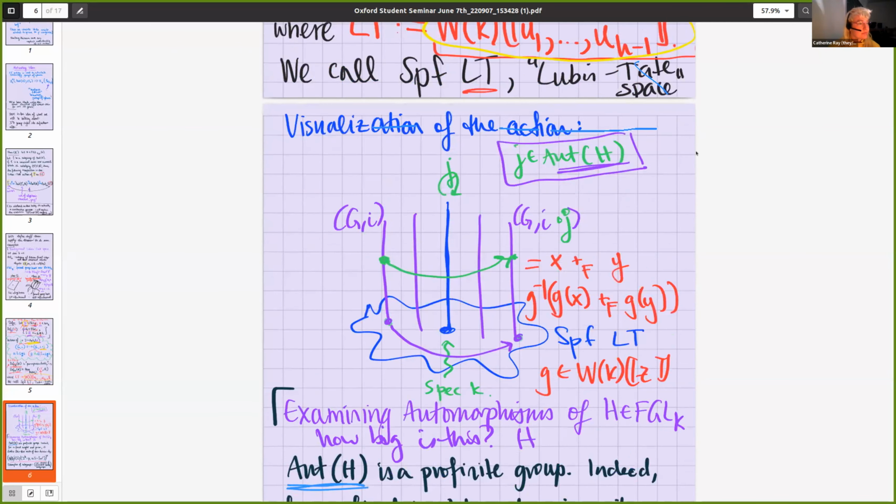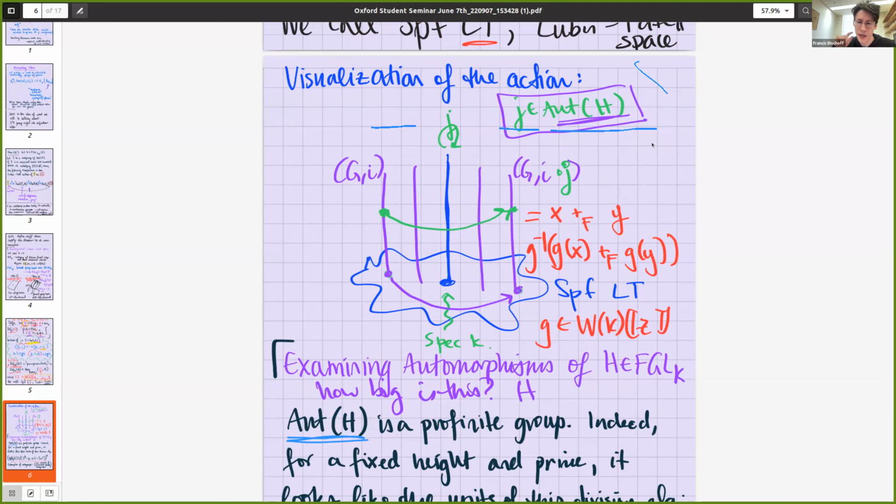Can I just ask one more question? Yeah, you can ask as many questions as you'd like. The classification in terms of the prime and the height, that's because we're assuming commutative, right?